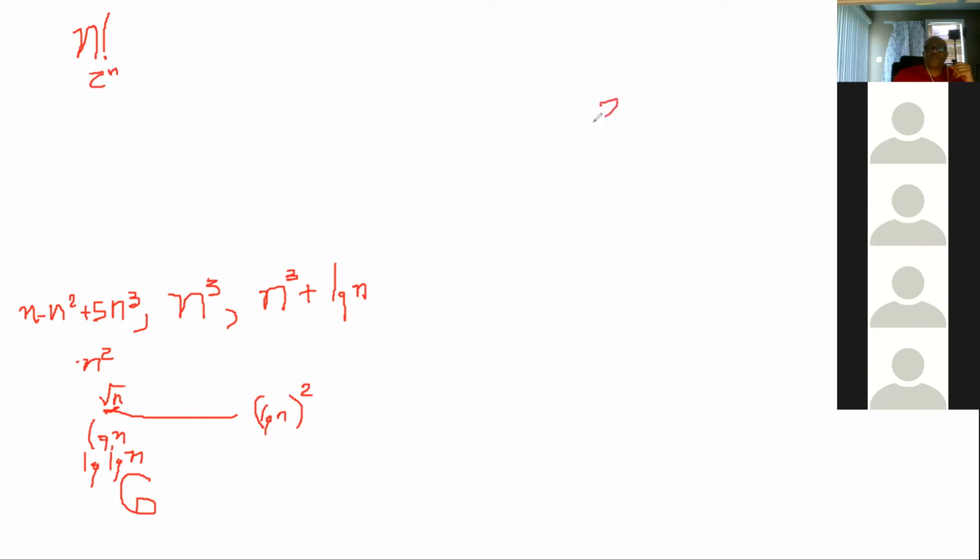You see, 2 to the n is equal to a constant times 2 to the n minus 1, don't it? Yes, sir. So therefore, this behavior, both of these would be the same.